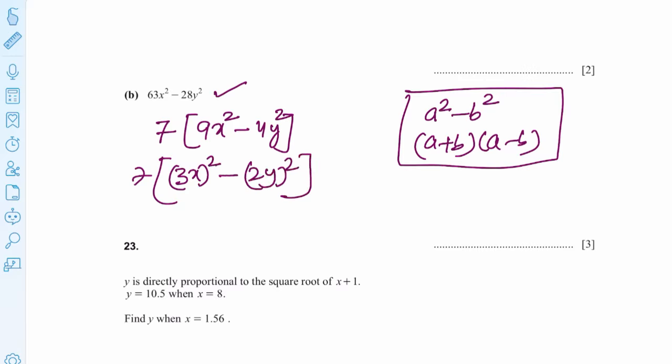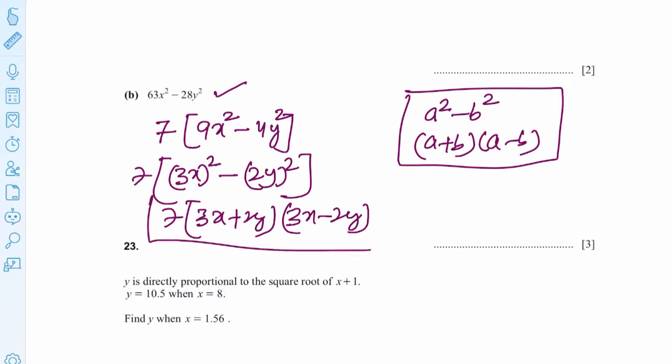Okay, so now 7 times a plus b, 3x plus 2y, and sorry, 3x minus 2y. So this is the factorization we are getting. Difference of squares, this is a formula, a plus b times a minus b. So here we can convert this 9x squared into square form. So a becomes 3x, b becomes 2y. So a plus b times a minus b.